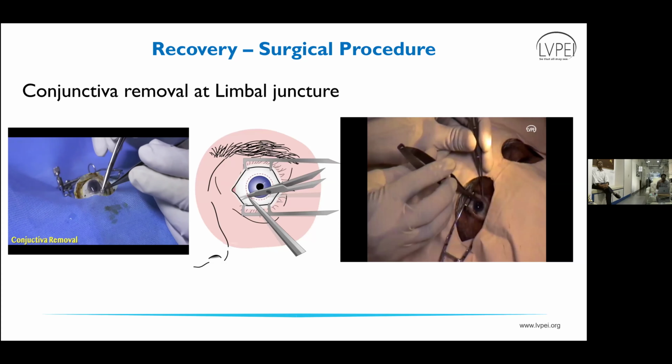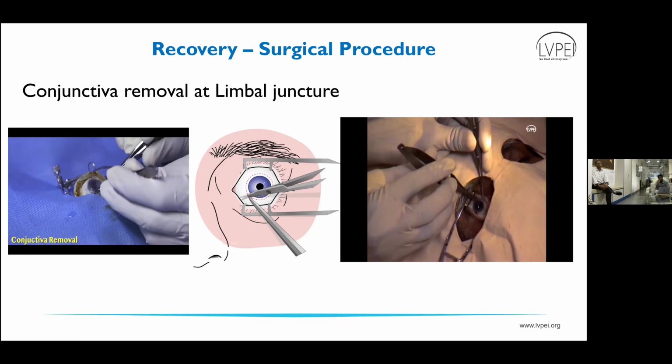The scissor has to be at a 45-degree angle, and you just cut the conjunctiva at the limbal juncture with only the sharp tips. You should not insert the entire scissor into the conjunctiva. You just cut the conjunctiva at the limbus with the scissor tips.